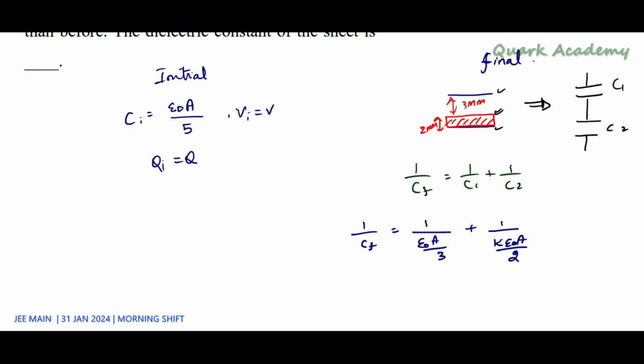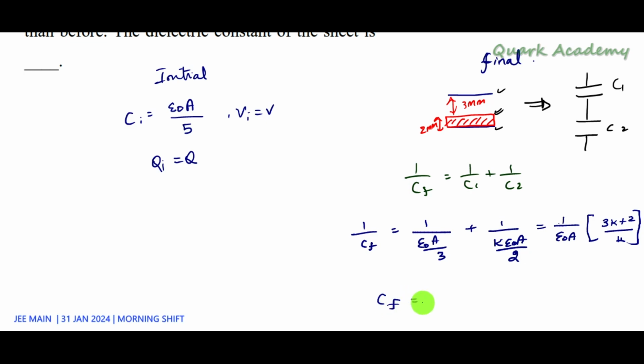And this dielectric constant we are considering as K. Now, if we simplify this, maybe I can just take whatever things are common. 1 by epsilon naught A I can take. We are left with (3K plus 2) by K.